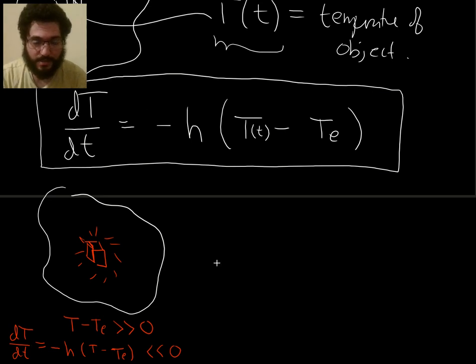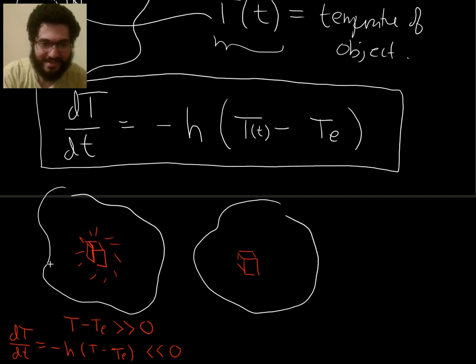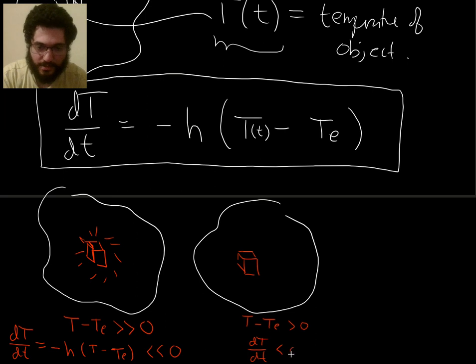And if we had some object that was only a little bit hotter than its environment, so maybe I could depict that like this, without the rays coming out of it, then this difference would be just a little bit positive. And so this would, by the same kind of reasoning, end up being just a little bit negative.